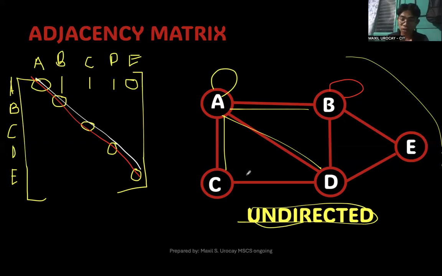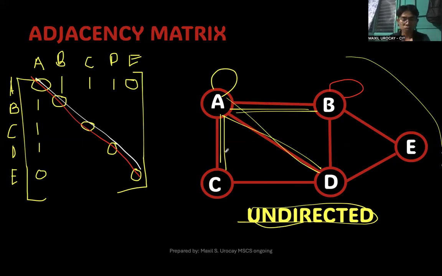So you can say here B to A, 1, C to A, 1, D to A, 1, and E to A is 0. It's similar to this, but in your row A here.